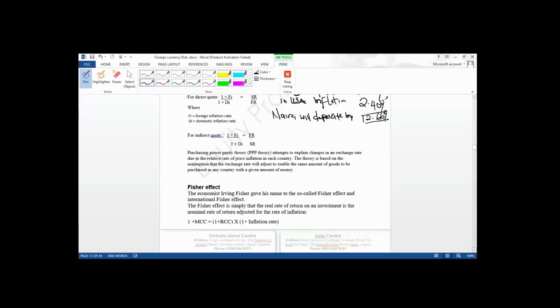The theory says why we have differences in currency value.